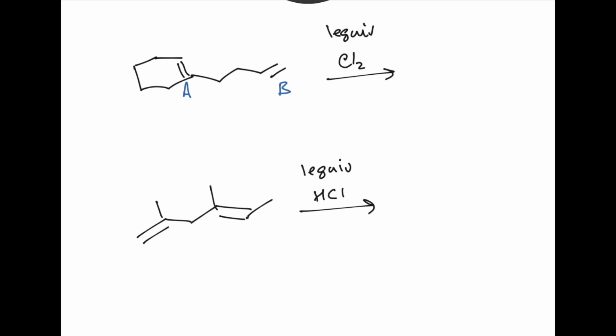What do I add to said double bond if I'm adding Cl2? You add a chlorine to each carbon. Those chlorines, do they end up on the same side or on opposite sides? Opposite sides.